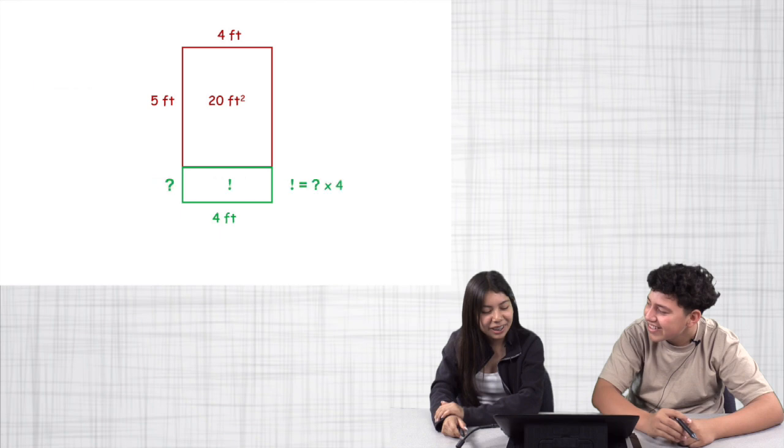So instead of question mark and exclamation point, they decided they could use L for the increase in length and A for the area of the extended part of the garden. In the next episode, they will express the area of Jamal's new garden with variables.